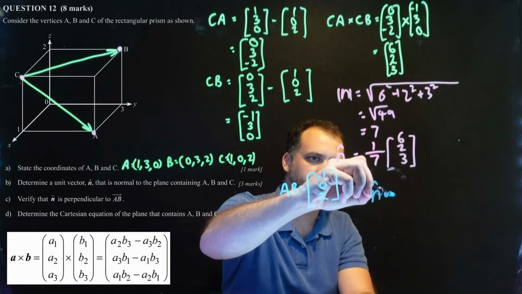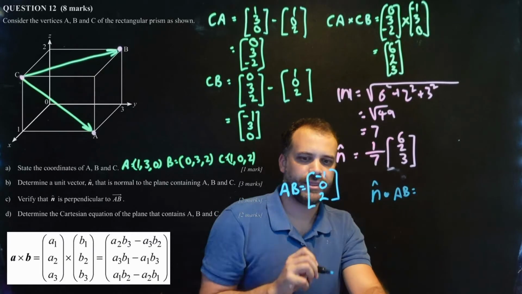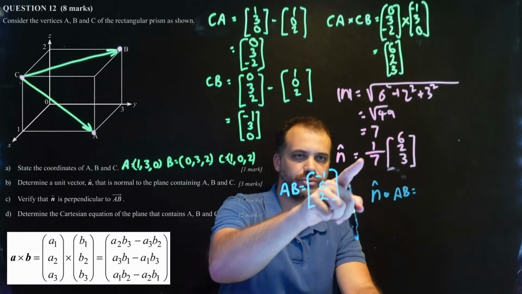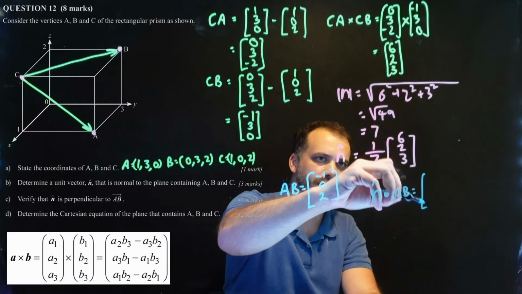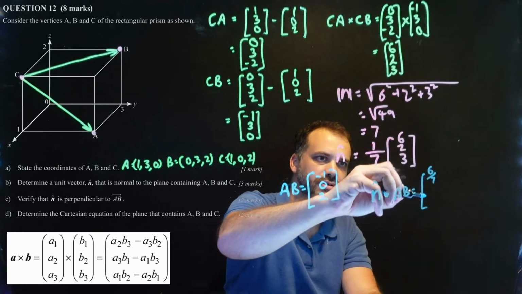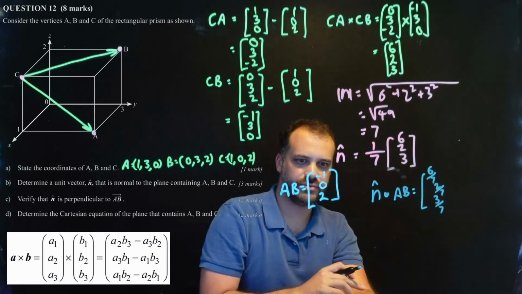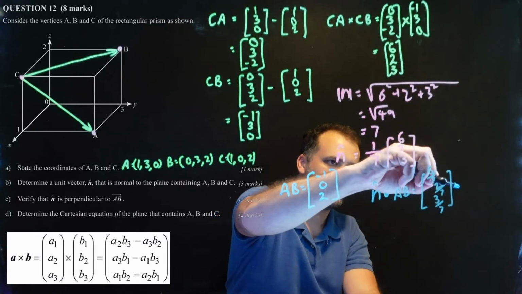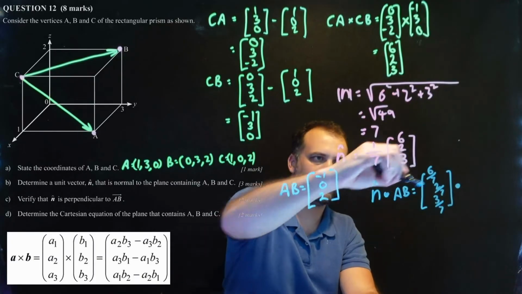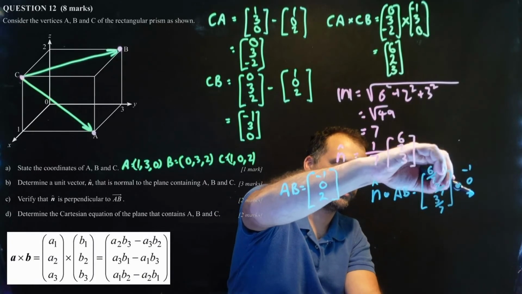N dot product AB. Now that's going to be equal to whatever n is. Now I'm going to write that as 6 over 7, 2 over 7, 3 over 7. Bit ugly. Dot product, negative 1, 0, 2.